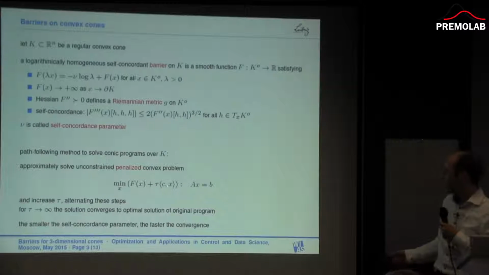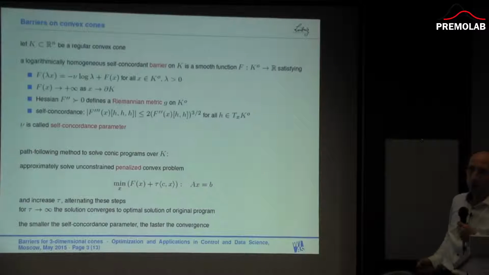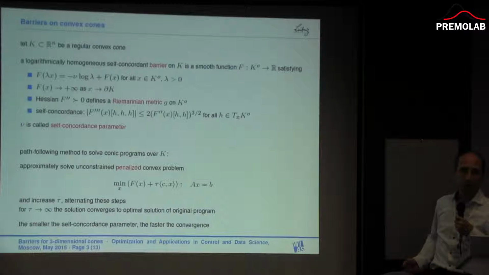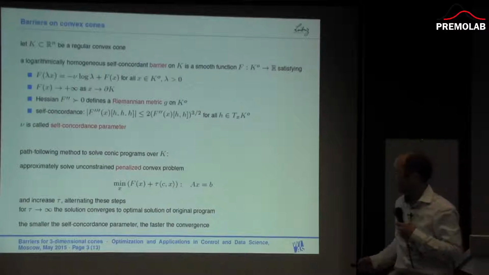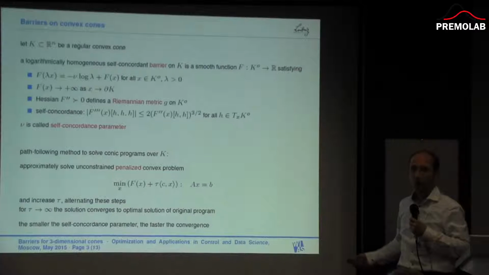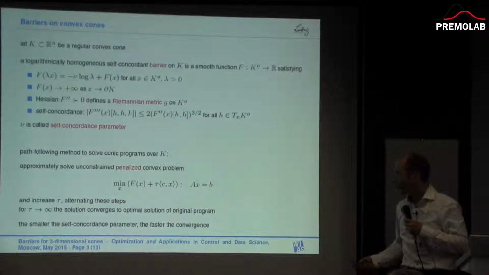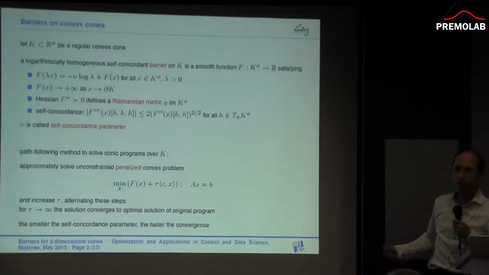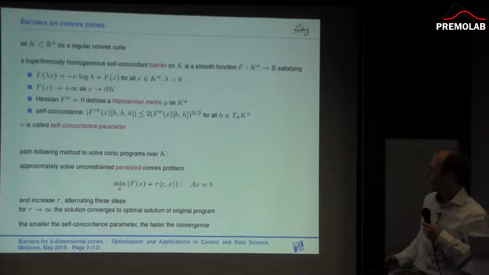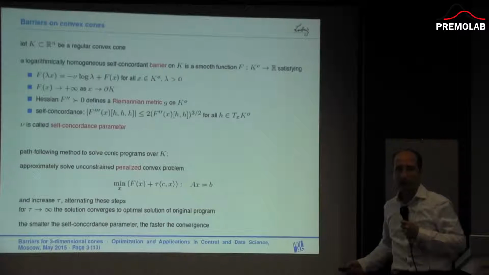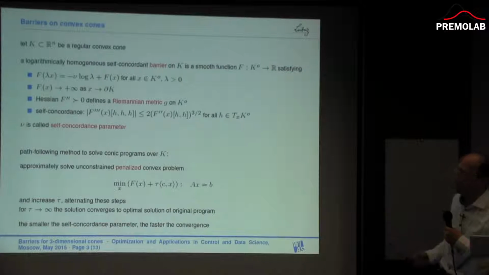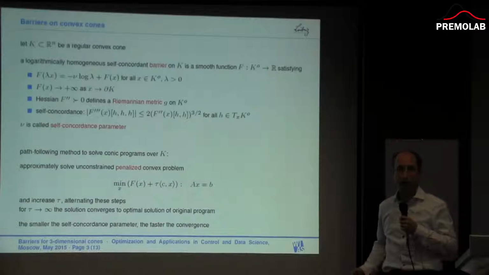But if you increase the weight of your original cost function, then the solution will move to the boundary of the cone, following the so-called central path, and converge to the optimal solution of the original problem. So this is conceptually very simple, and as usual, the complexity hinges on the availability of such a barrier function.